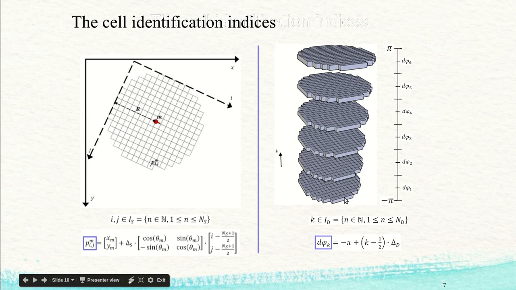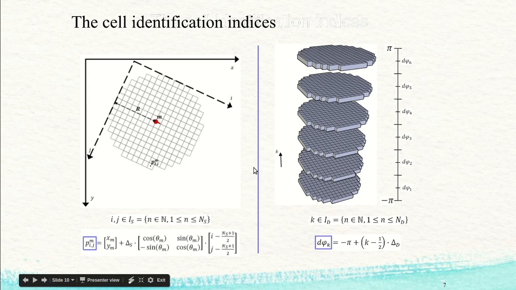For every layer, we define a value, d phi k, equal to minus pi plus (k minus 1/2) times delta d. Now we are going to calculate the values of each cell, of each layer, of each minutia of the fingerprint.